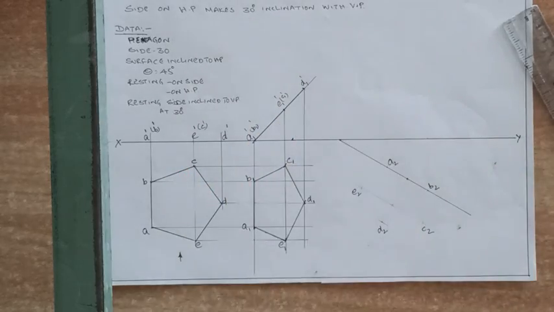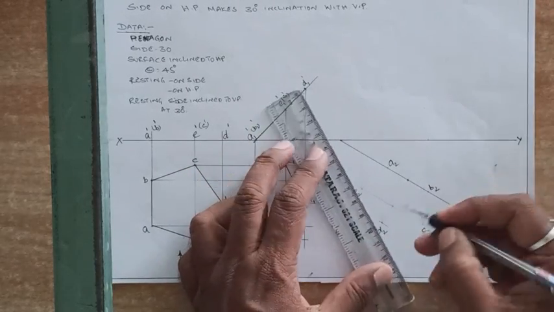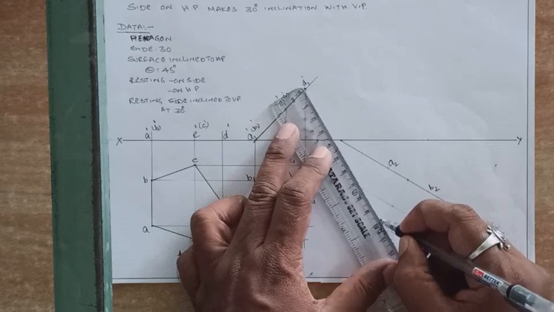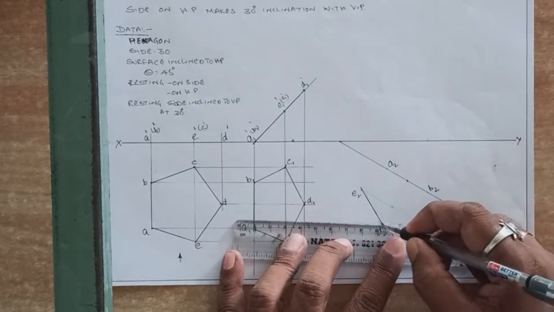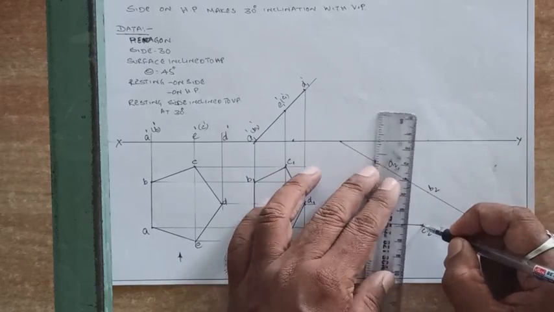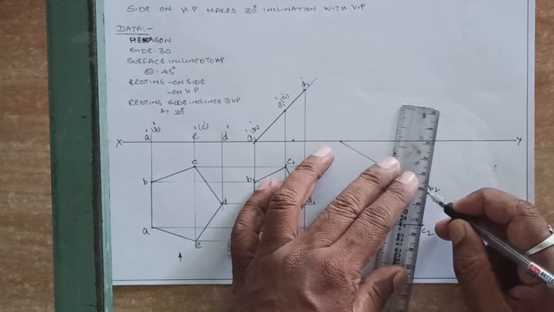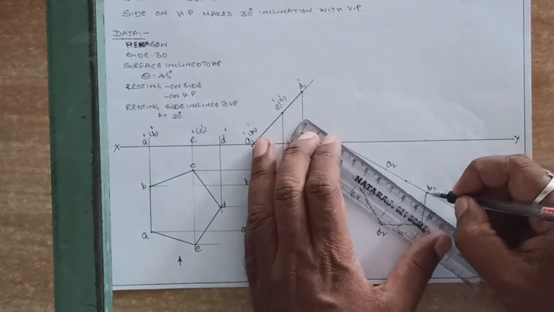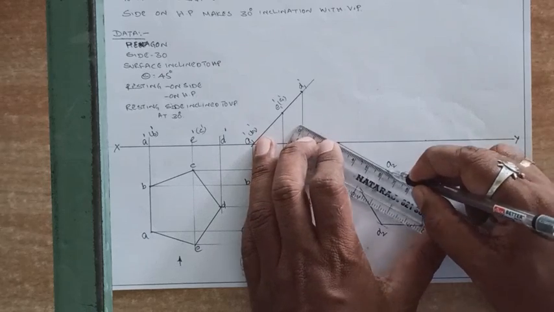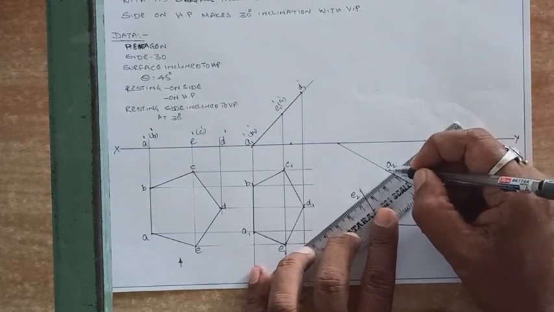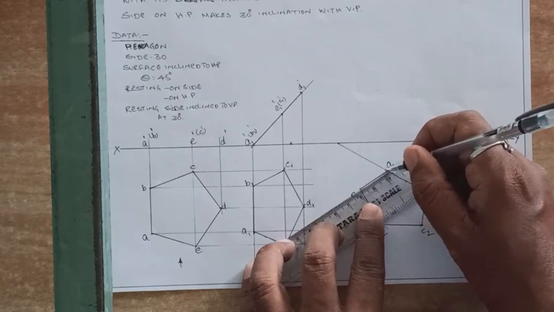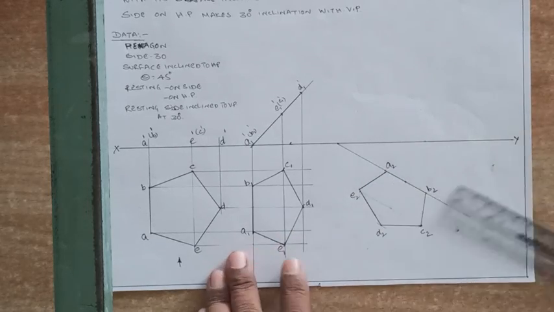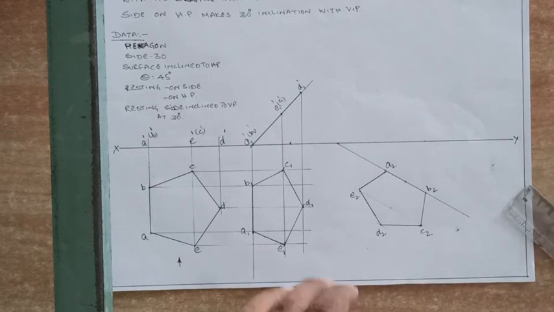Same figure transferred here. Now make thick lines joining all these points in order: A, B, C, A2, B2, C2, D2, all points joined in order with thick lines, because this is the required final top view.